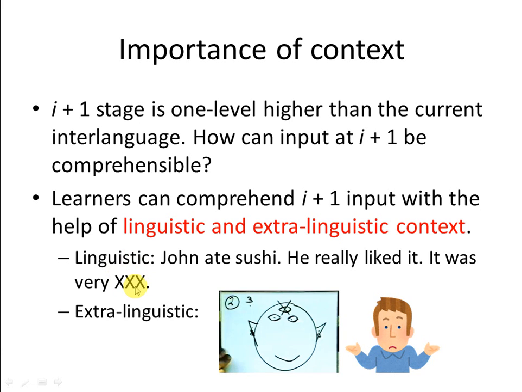And extra-linguistic context is something like this. You watched this in Krashen's video, and we can provide extra-linguistic context by gestures or body language, or by pointing to something. So we can give context to make I+1 input comprehensible to the learner.